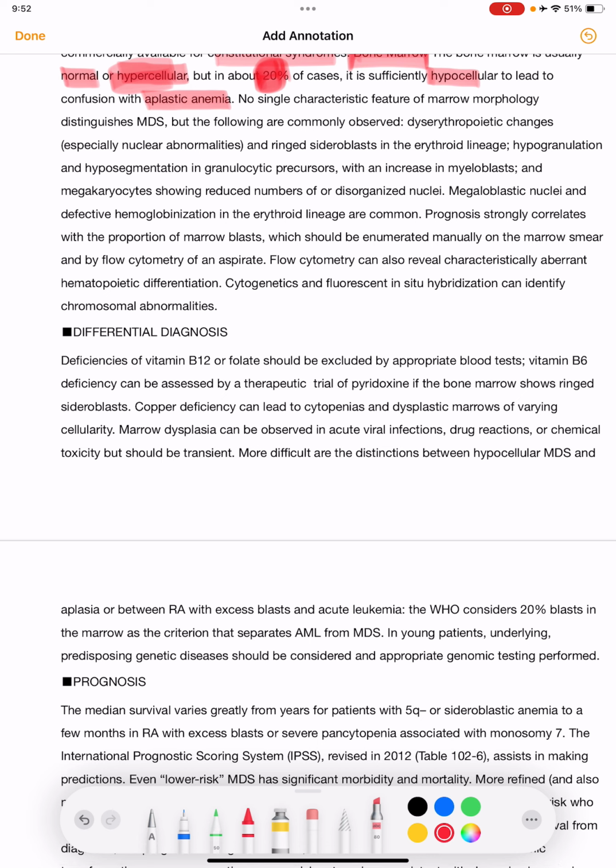No single characteristic feature of marrow morphology distinguishes MDS, but the following are commonly observed.